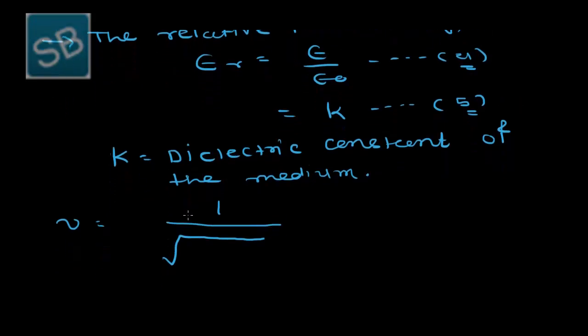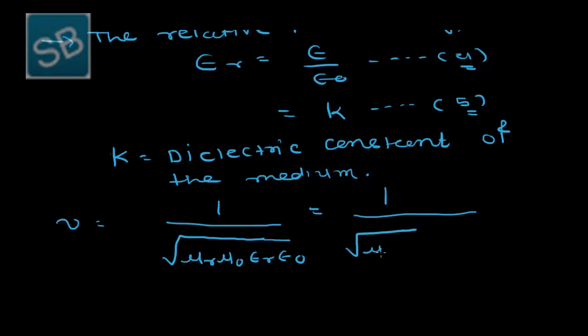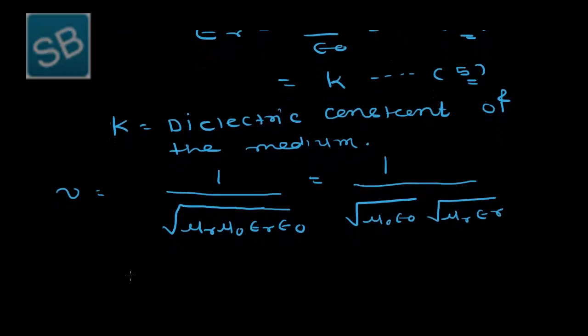So substituting this way, mu r, mu 0, epsilon r, epsilon 0, that is equal to 1 over under root of mu 0 epsilon 0 under root of mu r epsilon r, that is equal to 1 over under root mu r into epsilon r, but we know that 1 over under root mu 0 into epsilon 0 is small c.